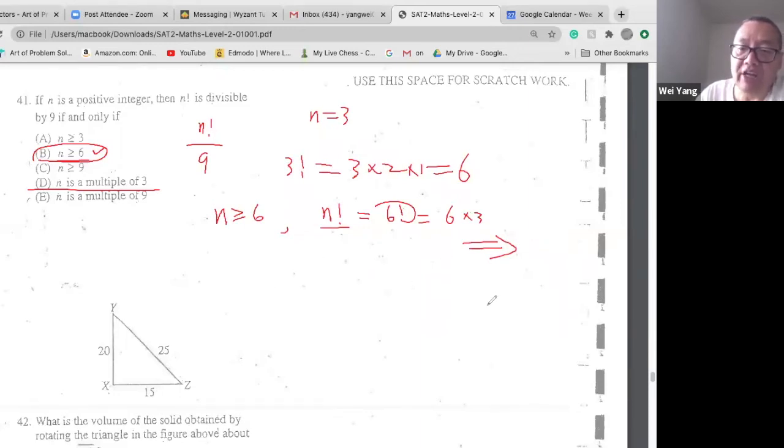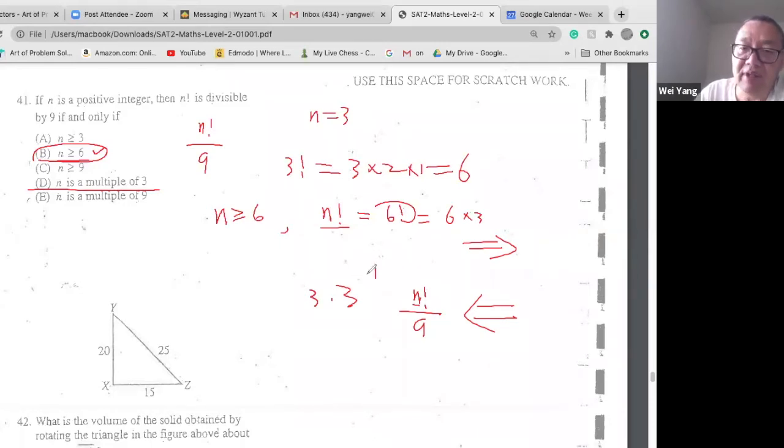Now we need to check if the statement in this direction is right. For this direction, that means n factorial is divisible by 9. First we need to have a 3 in this factorial, then we need to have another 3. But this is a factorial.